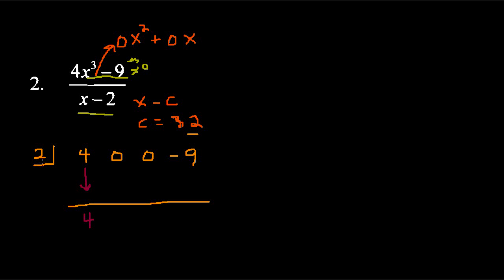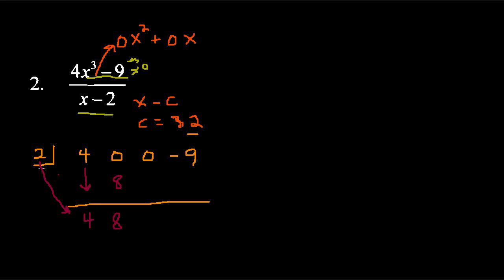So the first multiplication is from the number that's in the box, the 2. Down here we multiply that times the 4. 2 times 4 is 8. Put that in this spot. And now it's time for the addition. We just add straight down. 0 plus 8 is 8.